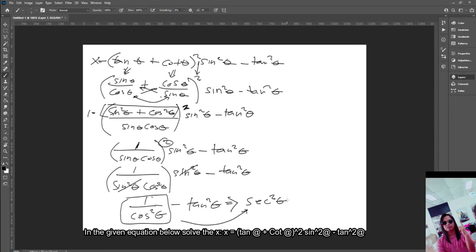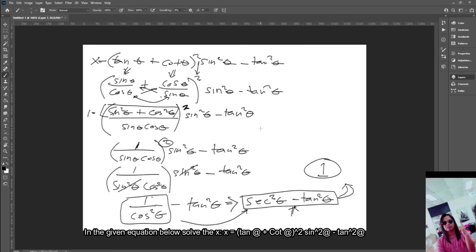Okay, secant squared minus tangent squared theta. This is correct, guys. This is already correct, but we can further express this, because this expression itself is an identity, which is equivalent to 1.